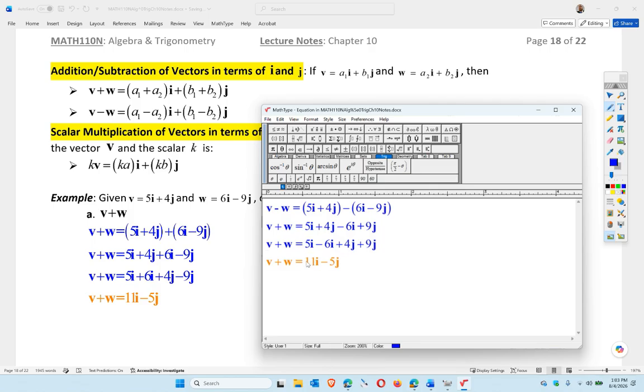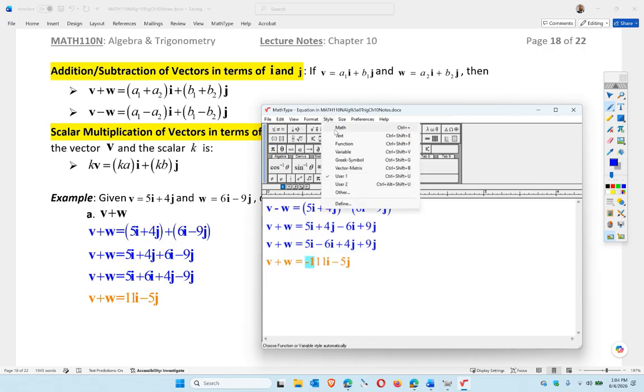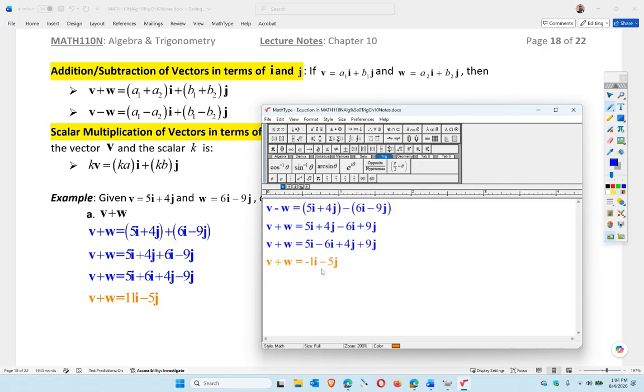So that would change it to a -1 here, and that's going to be plus 13. Okay, so -1i plus 13j, essentially.